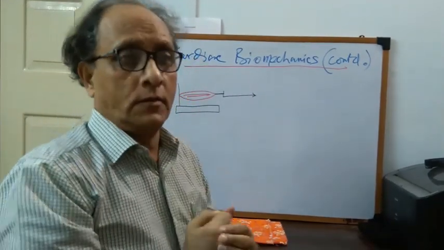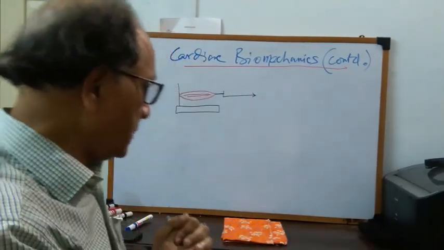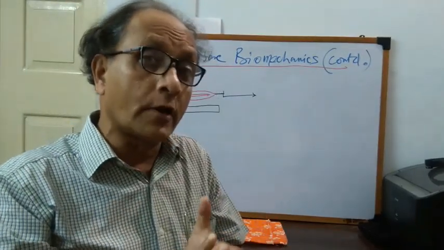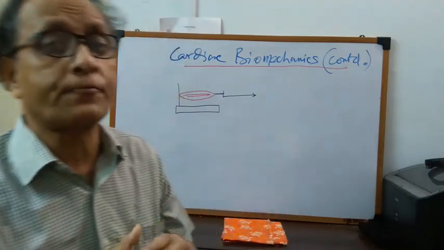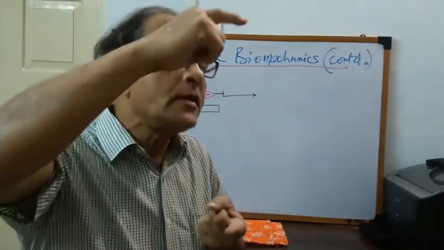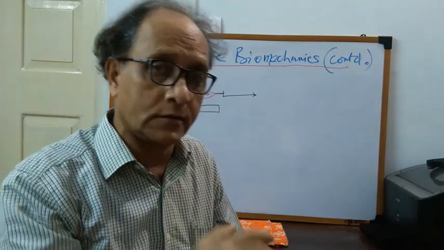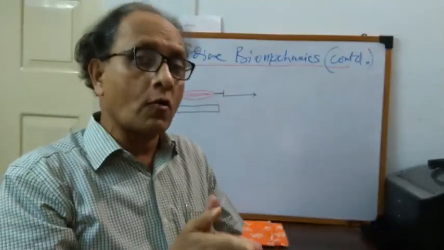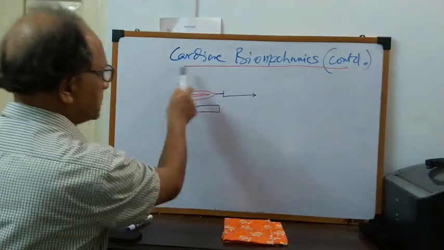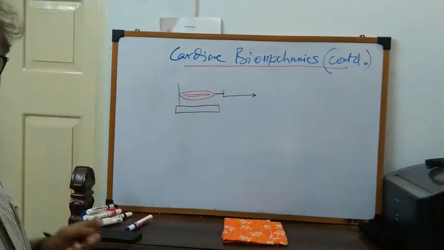Now a very important point: suppose I like to record the isotonic contraction. I have shown you how to record the isometric contraction by keeping the two ends of the muscle fixed. Now let us record the isotonic contraction. Suppose this is the arrangement.